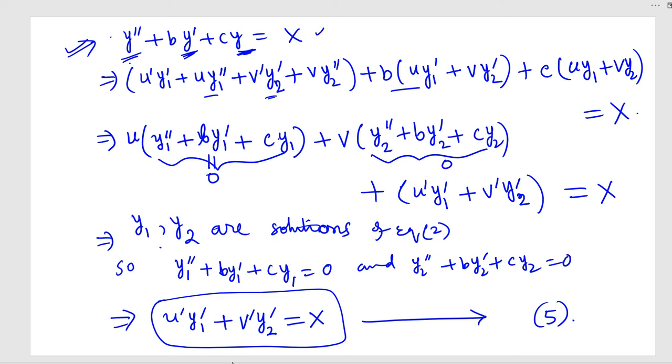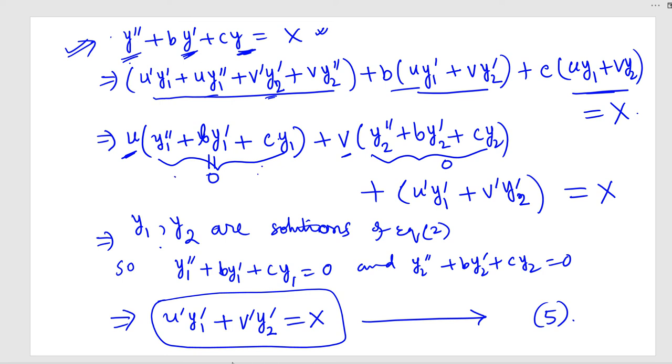The right hand side is actually x. If you substitute them and simplify, take u and v together, take u outside and then take v.